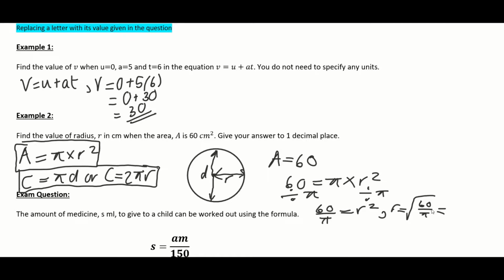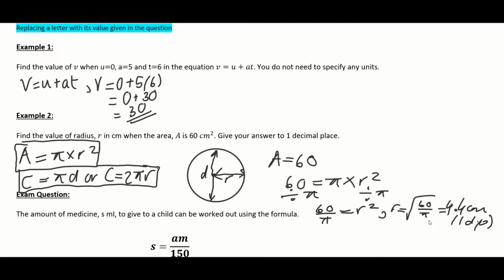Put this in your calculator, and you should get an answer of 4.4 centimeters to 1 decimal place.